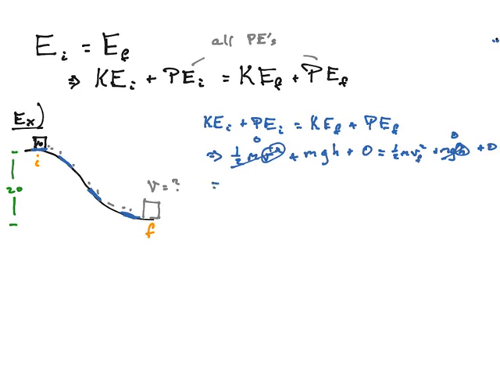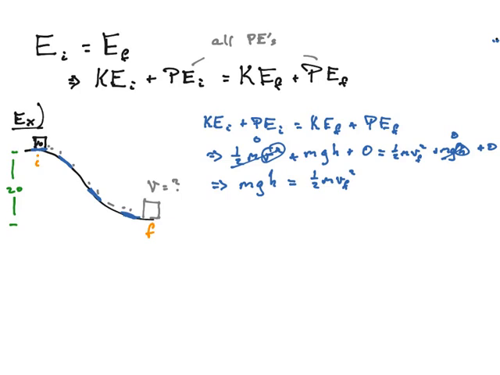So there we go. Done. Let's look at what we have. 1/2 mv squared is 0 initially because I wasn't moving. I've got MGH, and spring was 0. So MGH on the left, and what do we have on the right? I've got 1/2 mv squared, call it v final squared, and then MGH is 0 because I'm at the bottom, and no spring at the bottom. So there's my equation.